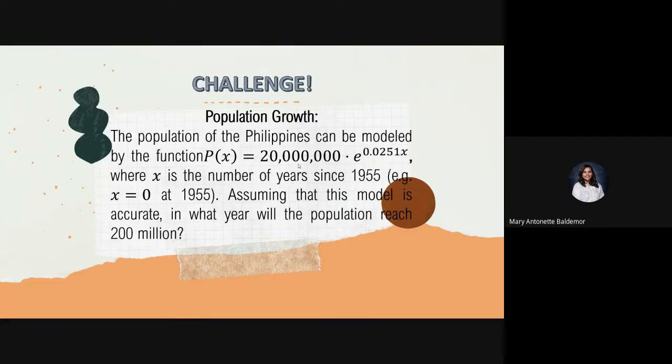So we let the condition x is equal to 0 at 1955. Assuming that this model is accurate, in what year will the population reach 200 million? You can now answer this using the table of values and sketching the graph. You must get the answer of x is equal to 91.